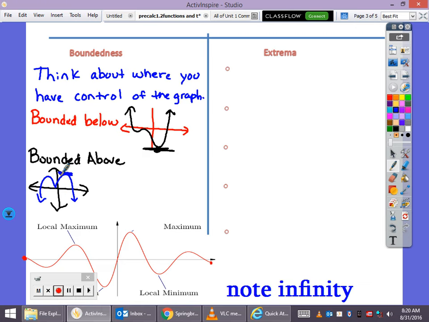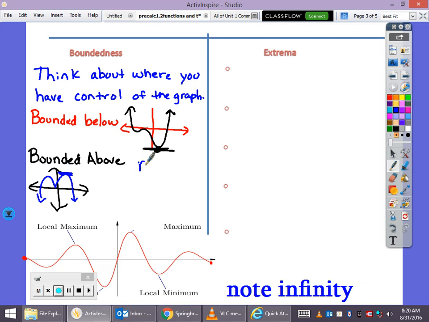Okay, I told you there's a total of 4, okay? So there's 2 more. The next one is neither. It has no boundedness, and that means I have no control of its max or its min, okay? I might know a local min or a local max, but I don't know the absolute one.